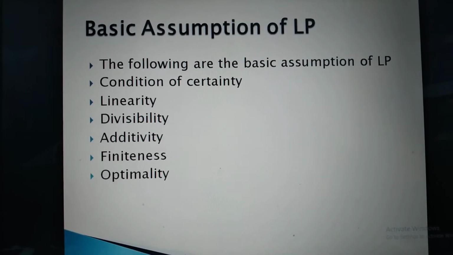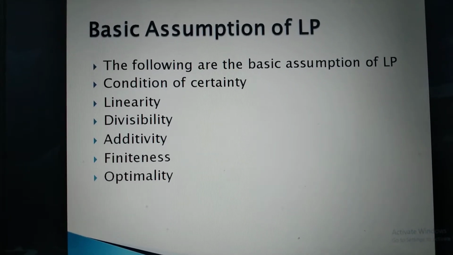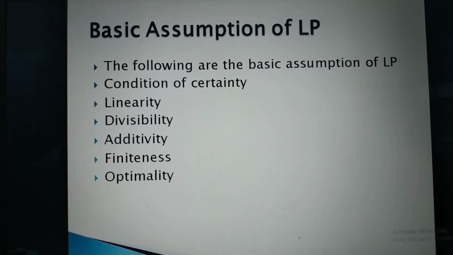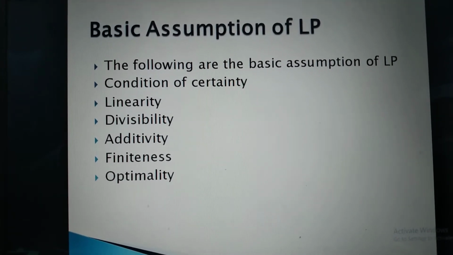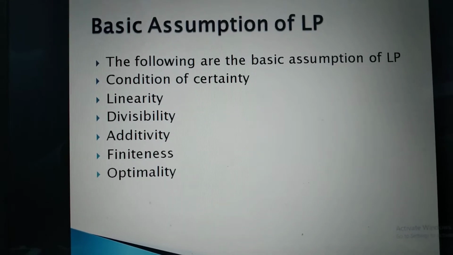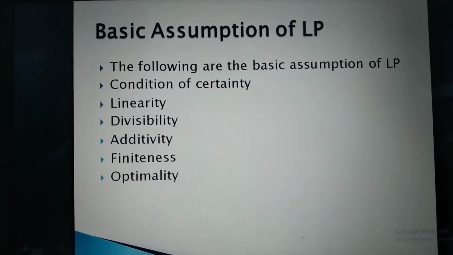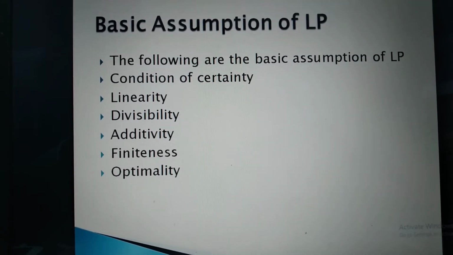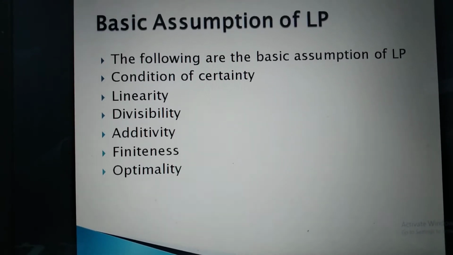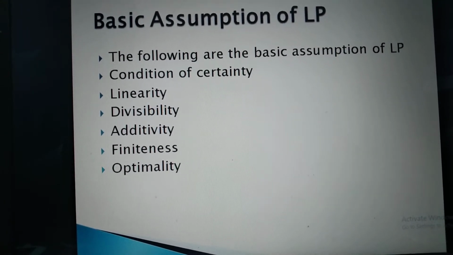Divisibility, the solution should have a whole numbered list. Additivity, you must have a summation. All the resources that you're making use of must give us a summation of your problem.